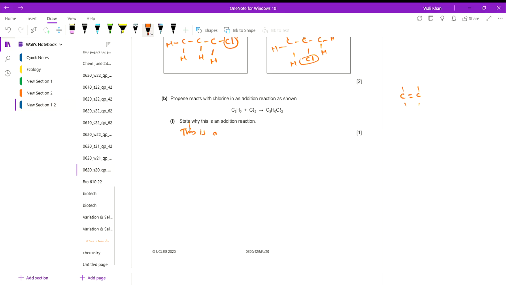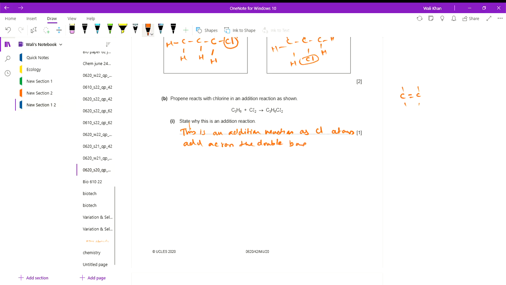This addition, सारे कंबाइन हो रहे हैं, green atom add across the double bond.